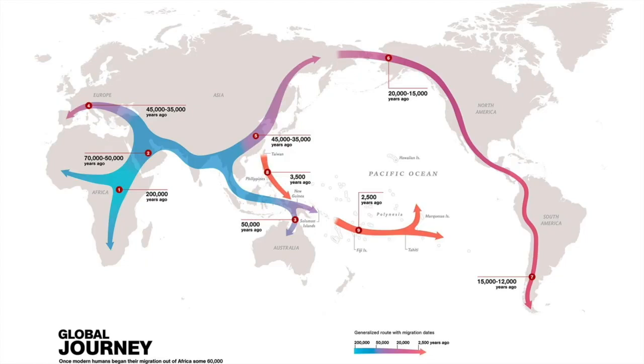And of course, there are profound effects of this migration because as people migrated in and out of an area, they can bring new plants and animals with them and also technologies that have a very profound effect on the environment that they are moving into or out of. Okay?